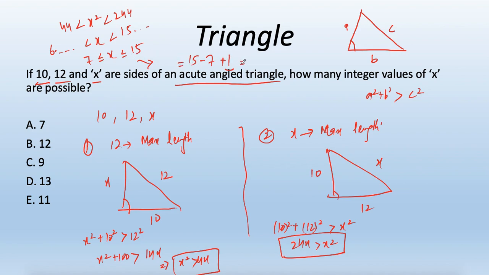So the total number of integer values of x which are possible is 9, and that's why the answer to this is option C. You can simply count this as well: 7, 8, 9, 10, 11, 12, 13, 14 and 15. These are 5 and these are 4, the sum is 9.